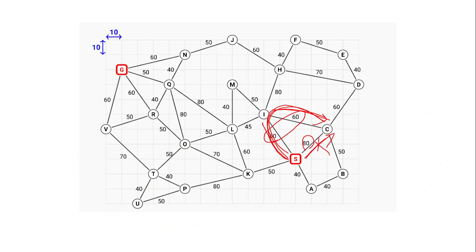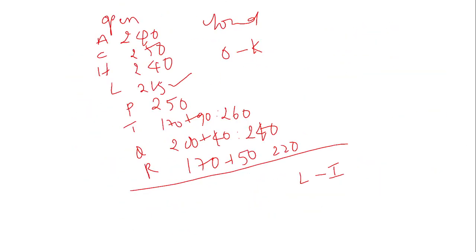Okay. So again L is connected to M, Q, O. Along with this one we are having M, Q, O. So M is having 145. Whenever we are calculating, we need to consider the distance from L, that is, after reaching I, next.